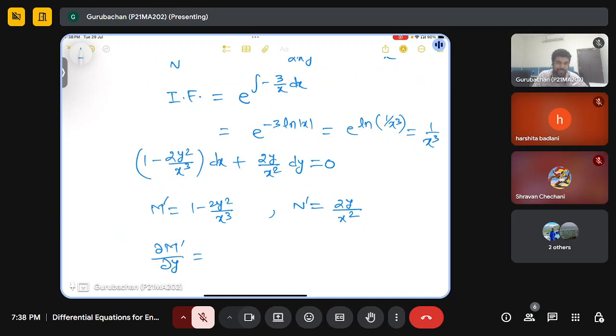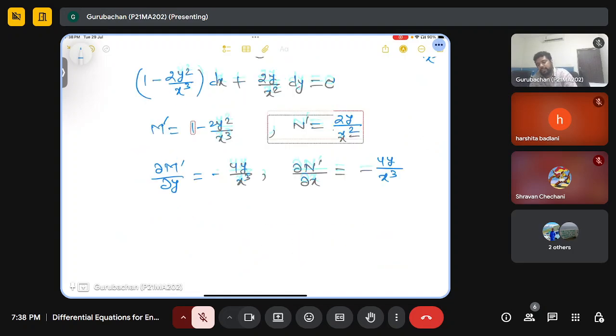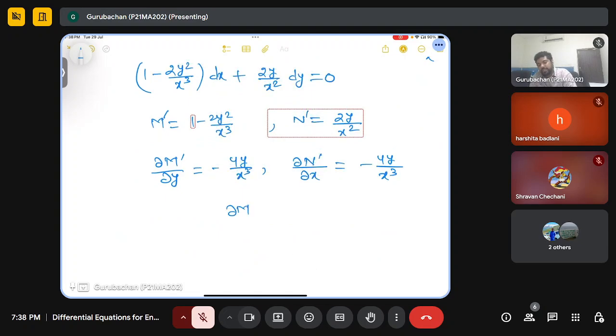Although we don't need to check, I'm just checking for clarification: del m dash by del y is minus 4y by x cube, and del n dash by del x is minus 4y by x cube. So clearly del m dash by del y is equal to del n dash by del x. So now the updated differential equation is exact.